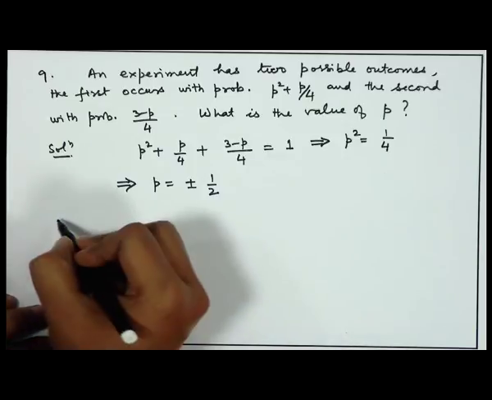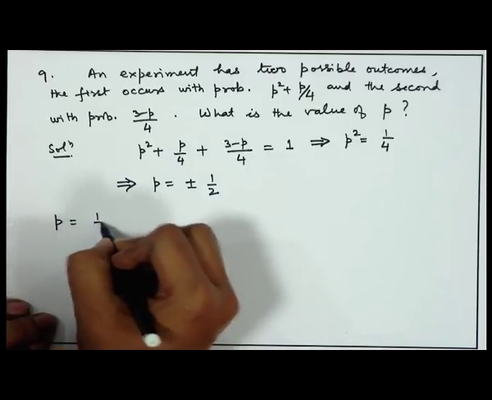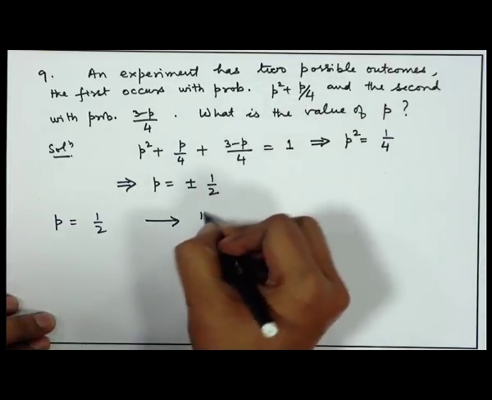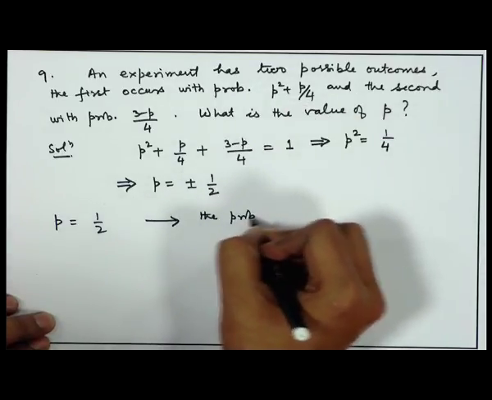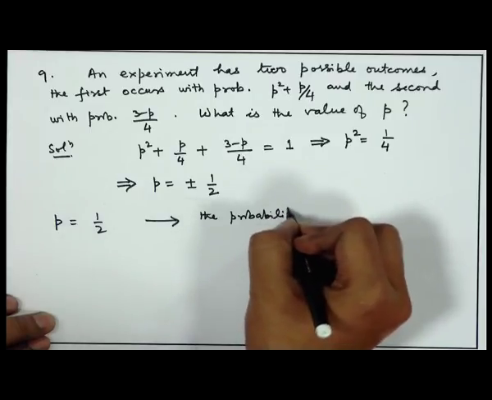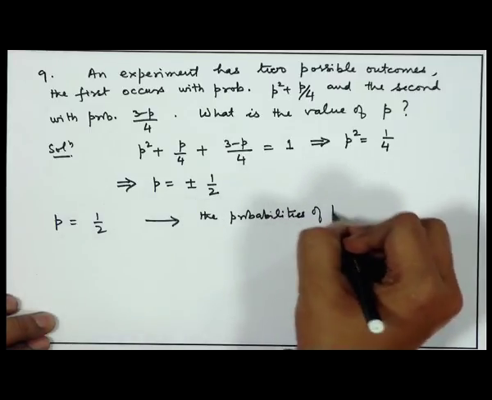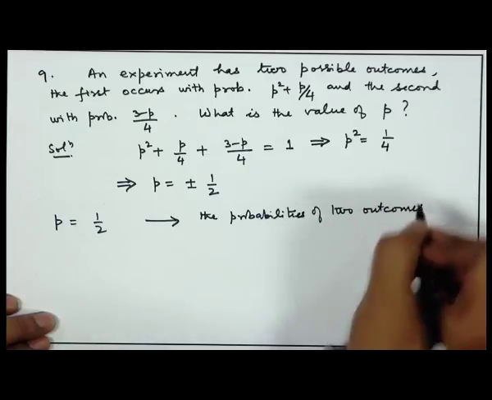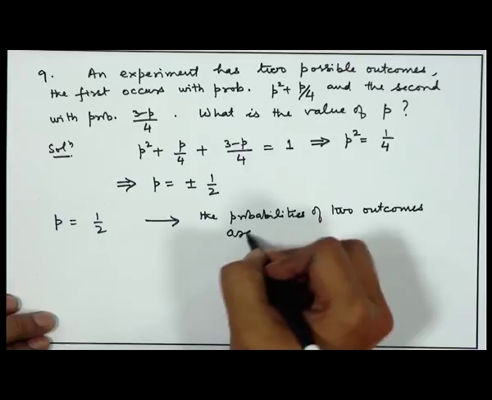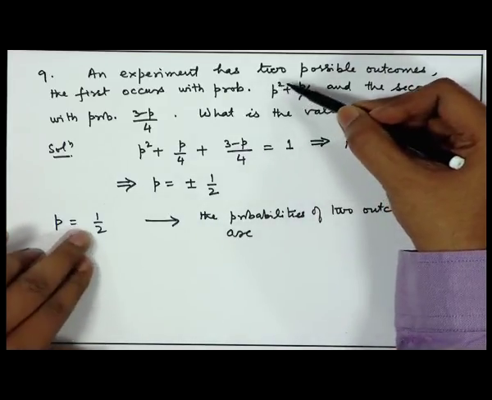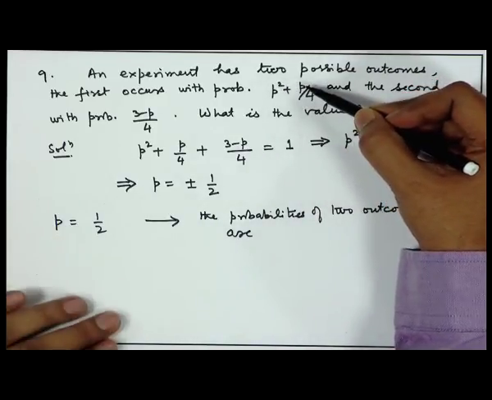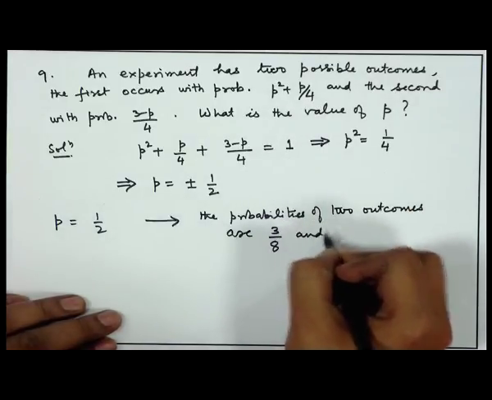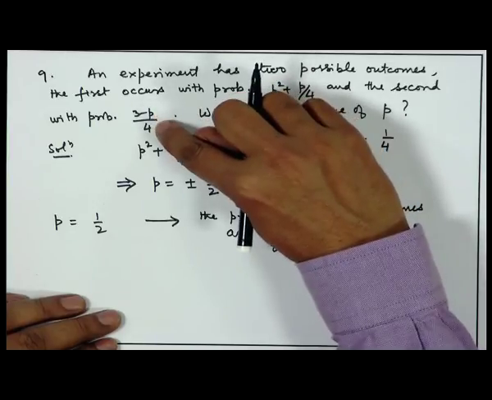If I take p is equal to plus half, then the probabilities of the two outcomes will be: p square plus p by 4 gives 1 by 4 plus 1 by 8, that is 3 by 8, and the second value is 3 minus p by 4.